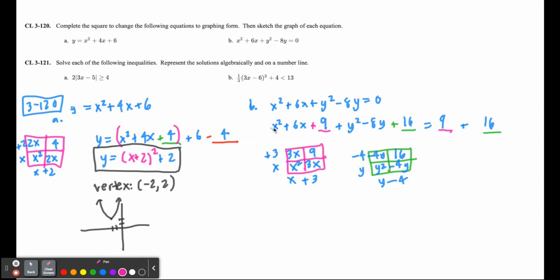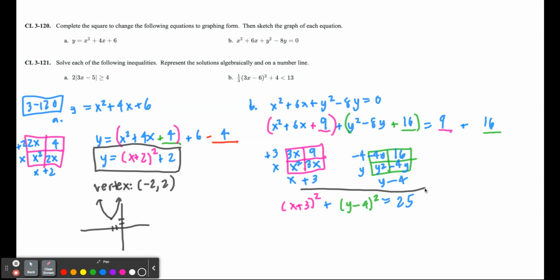And then this factors to the dimensions of this, which is x plus 3 squared. And then this factors to the dimensions of this, so that's y minus 4 squared. And then equals 9 plus 16, which is 25.